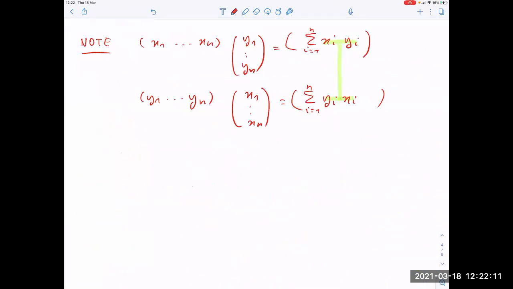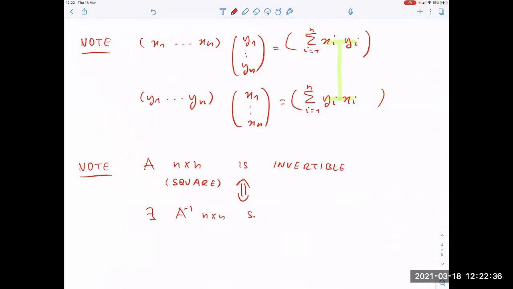So let's make a note. Remember, a matrix A, n times n, so square, only square matrices here, is invertible if and only if there exists A minus 1, n times n, such that two things happen: A minus 1 is the inverse of the proper size, and this is also true when you reverse the order of the factors.